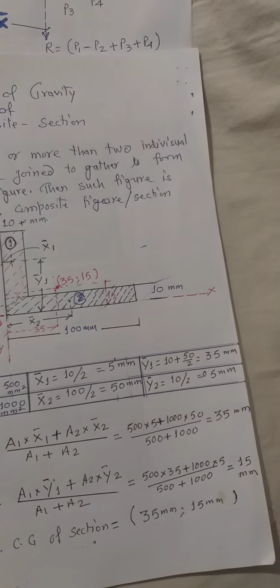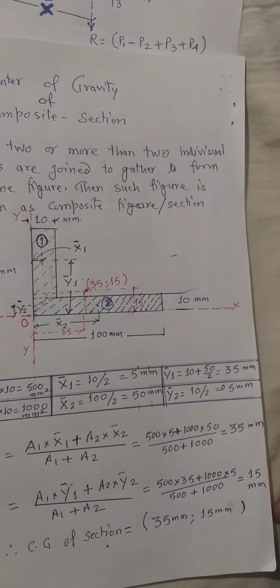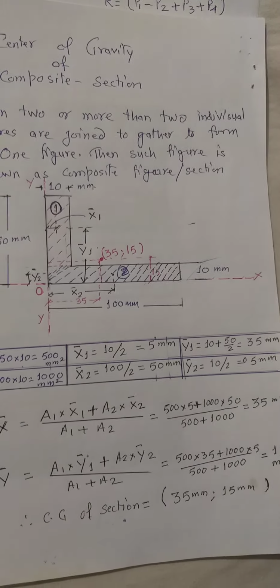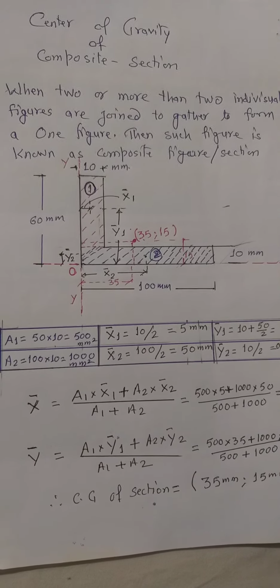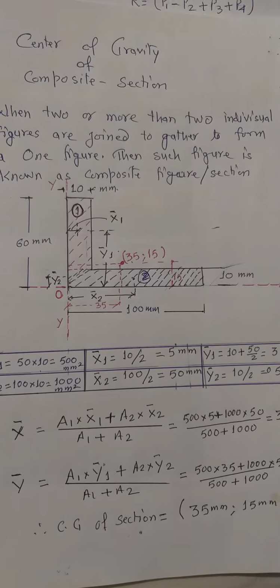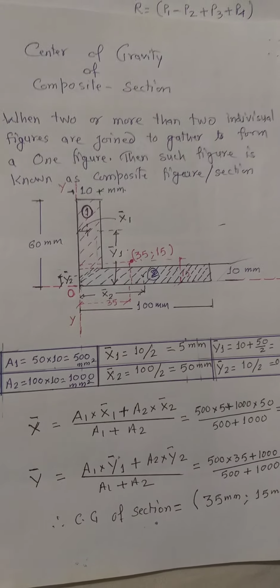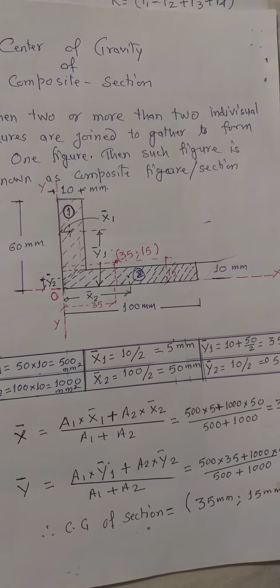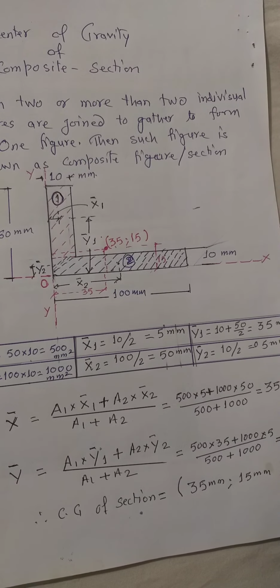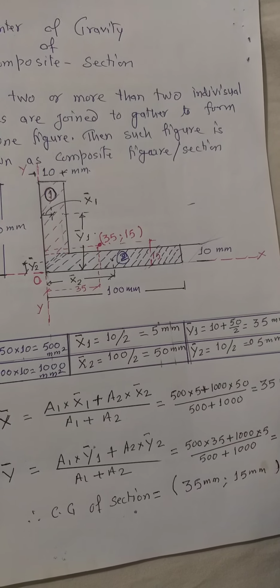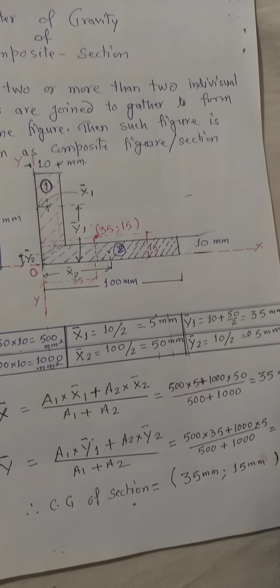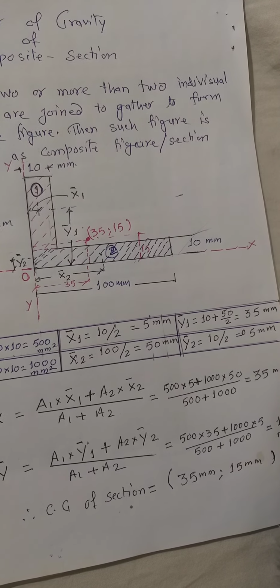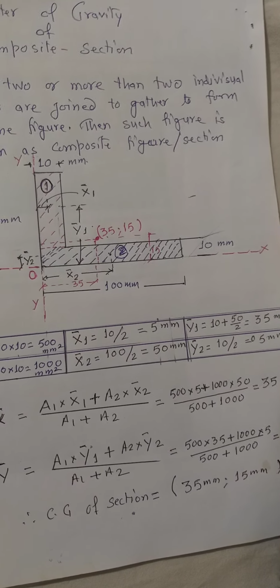And now see the definition I have given so far. In the beginning, it is an imaginary point where the whole load or whole area is supposed to act. Here now we can see that the centroid or the center of gravity is not lying in the section, but it is outside the section.